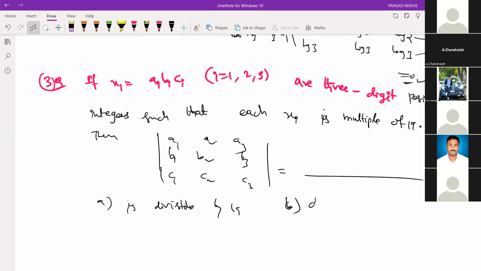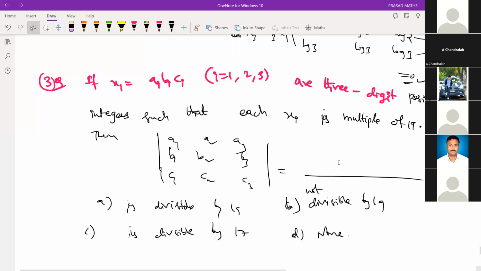Option B, not divisible by 19. Option C, is divisible by 17. Option D, none.